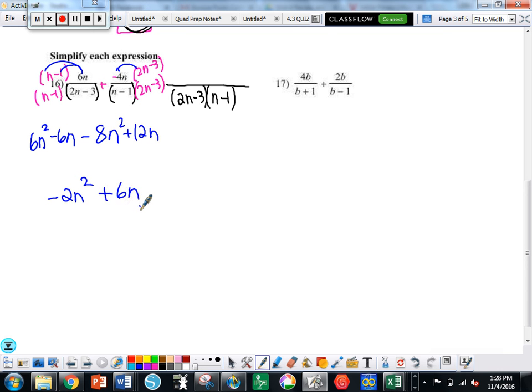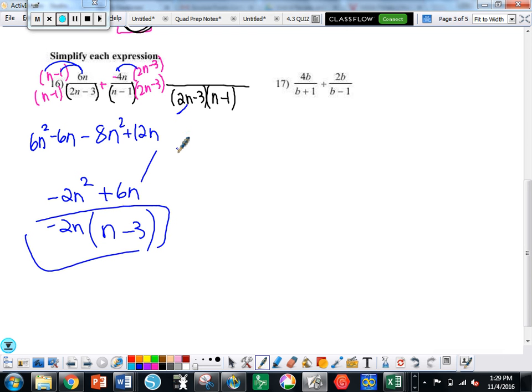Now, that does factor. If I pull out the negative 2n, we are left with n minus 3. Does anything from right here cancel with anything from over there? No, because nothing cancels, I'm actually going to not worry about this and just use this as the numerator.